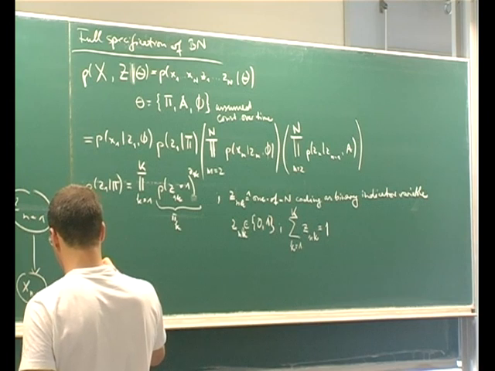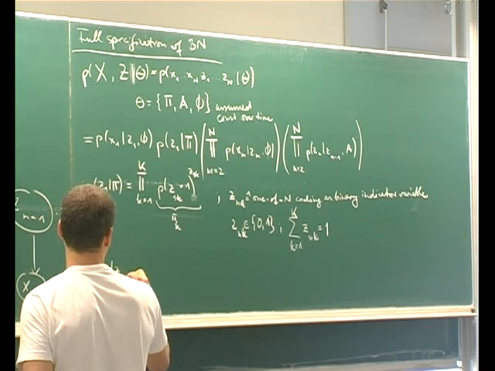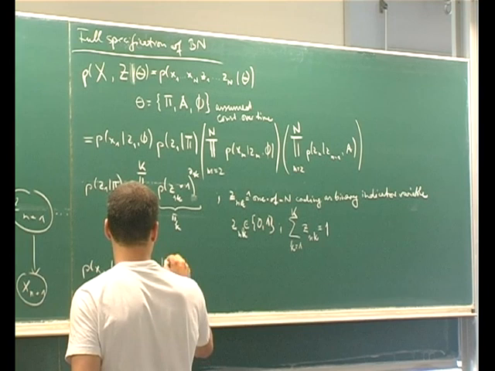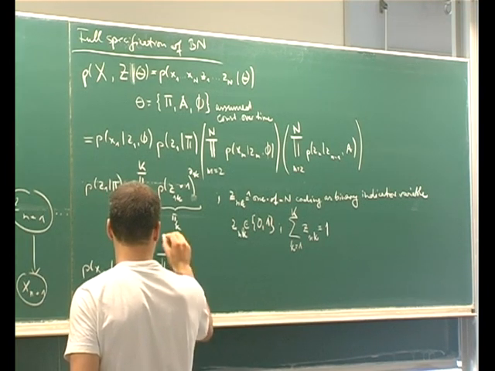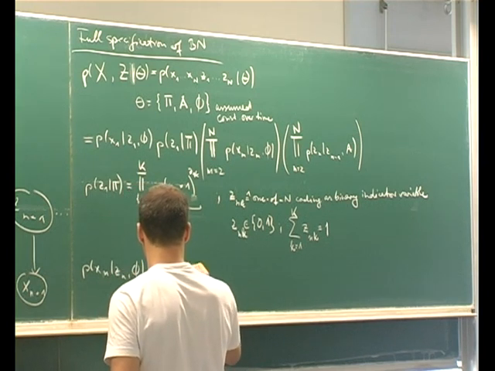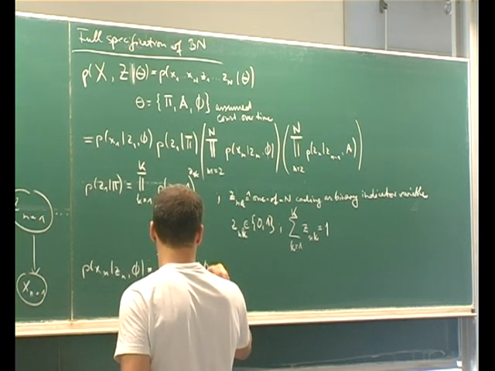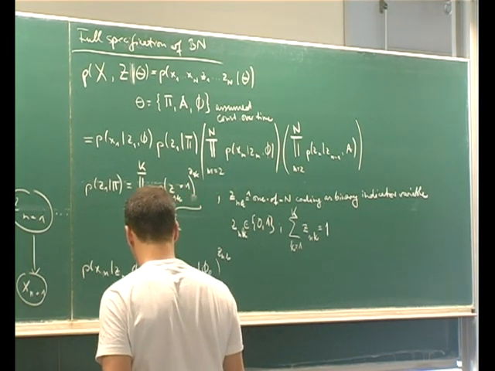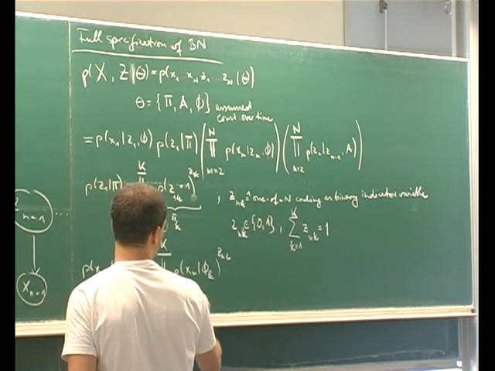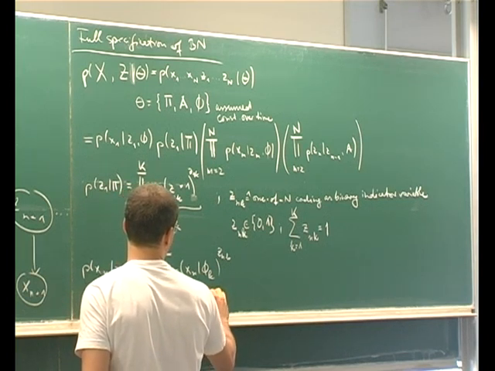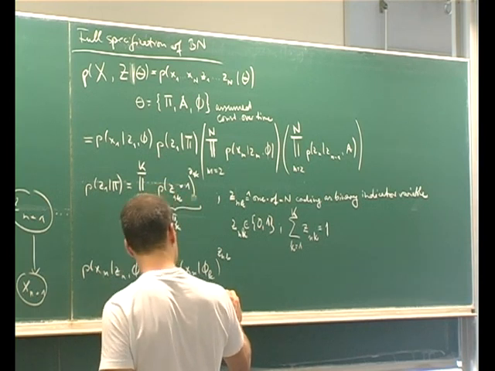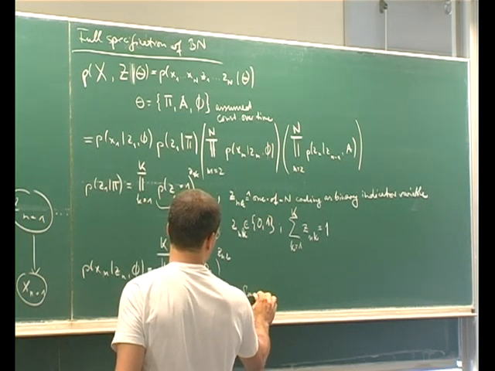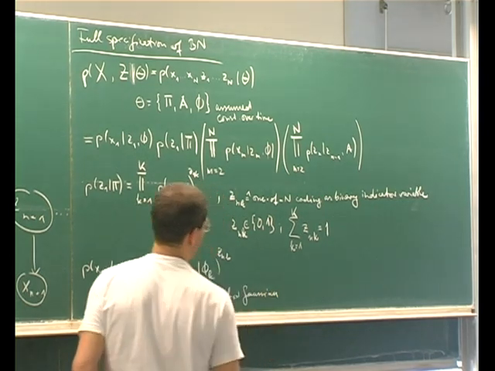So we have the probability of x_n given z_n and phi, where again this indicator variable is used, and this distribution here is typically a multinomial or a multivariate normal, or even a mixture of Gaussians.